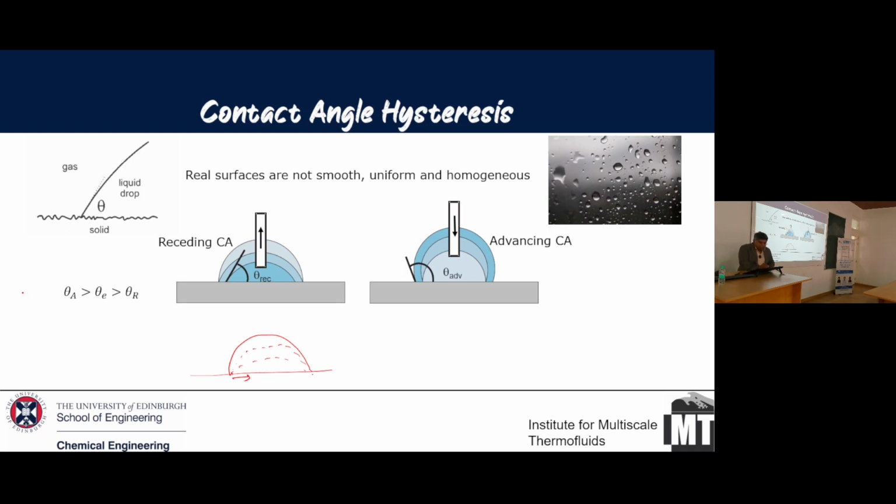If I plot the so-called equilibrium contact angle with time, as you keep sucking, the contact angle will start dropping, and after some point the contact line starts moving. When it starts moving, the contact angle becomes almost constant, and this becomes the so-called receding contact angle.